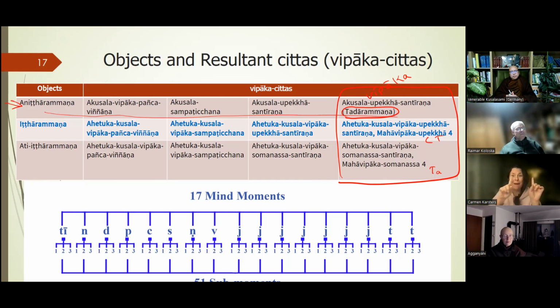Or in one mind door process, can it be sometimes yoniso and sometimes ayoniso? Always, one of them must be yoniso or ayoniso. Yes, I thought so, because it is determining the Javana, and otherwise it's a bit mixed up. So there must be one of these two. Okay. Thank you.